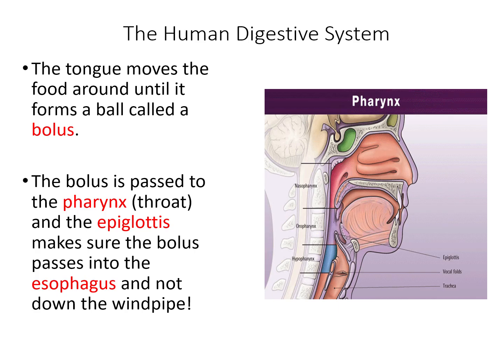This makes sure the bolus passes into the esophagus and not down the windpipe. This epiglottis is like a cap or a door.